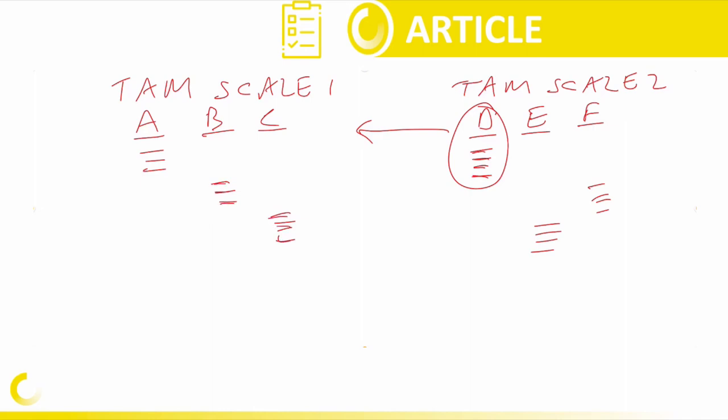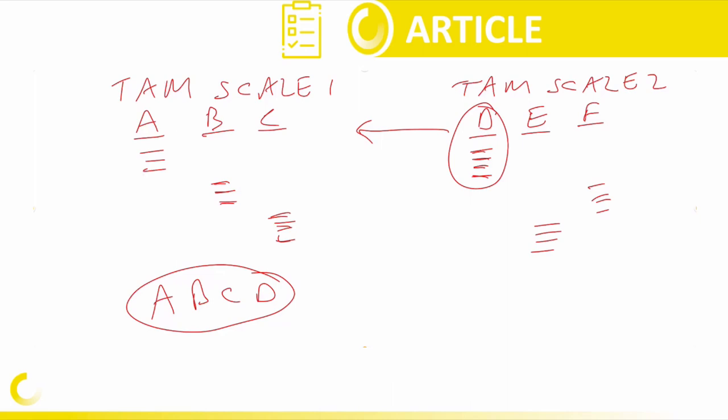But then you must still revalidate, because now you're working with A, B, C and D, so you must revalidate this. What you cannot do is, say for instance there's a term scale here and it has the same constructs.